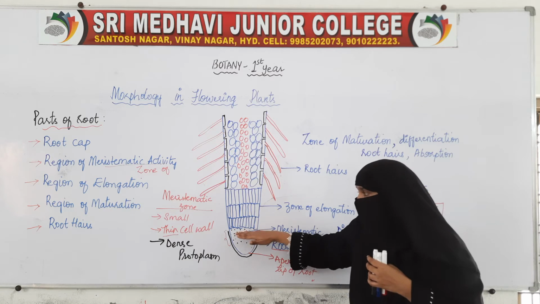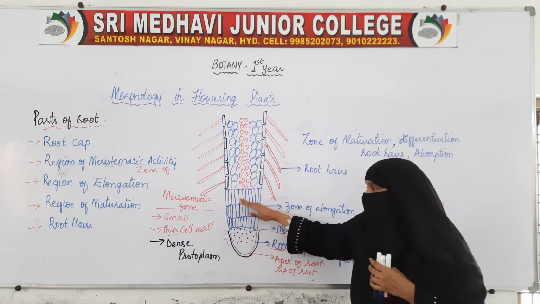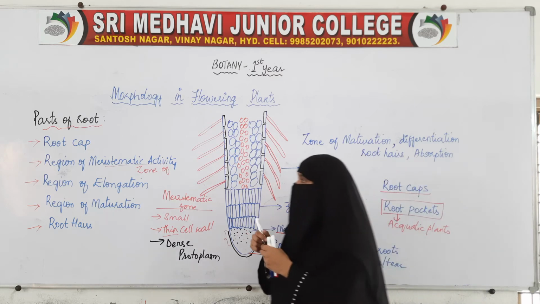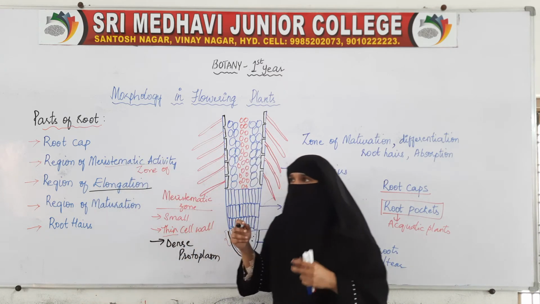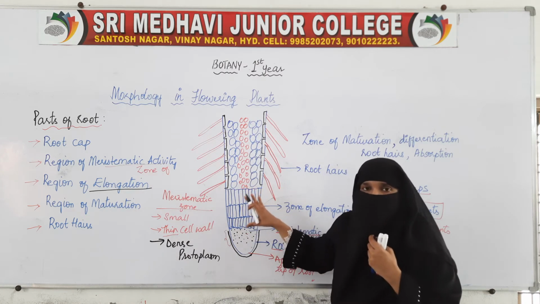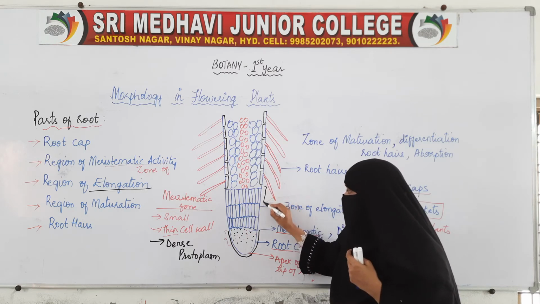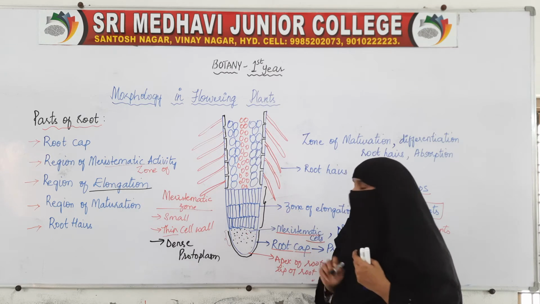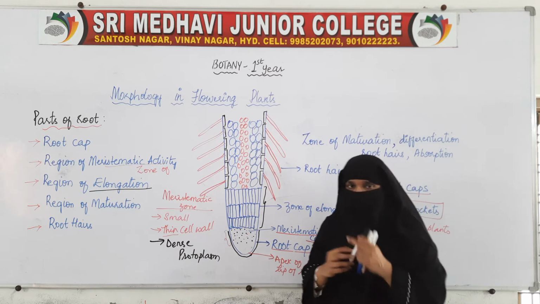Now the divided cells will move towards another part, that is the region of elongation. Just above the meristematic zone, we have the zone of elongation. This part from here till here is called the zone of elongation.